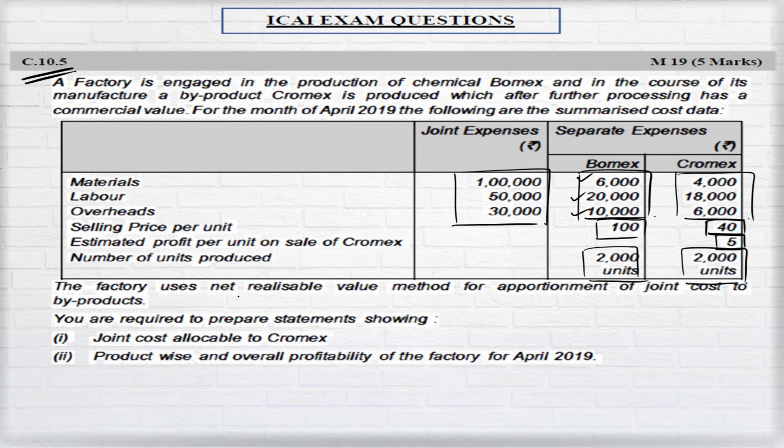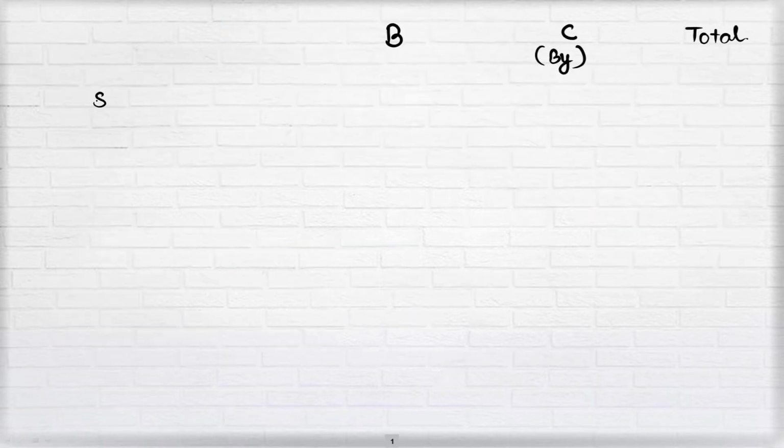The factory uses net realizable value method for apportionment of joint cost. What we are finding out is NRV only. You are required to prepare the statement showing joint cost allocable to Chromex, product wise and overall profitability of the factory for April 2019. Now I will not be preparing two statements, I will be preparing only one statement. I want first the sales figure.